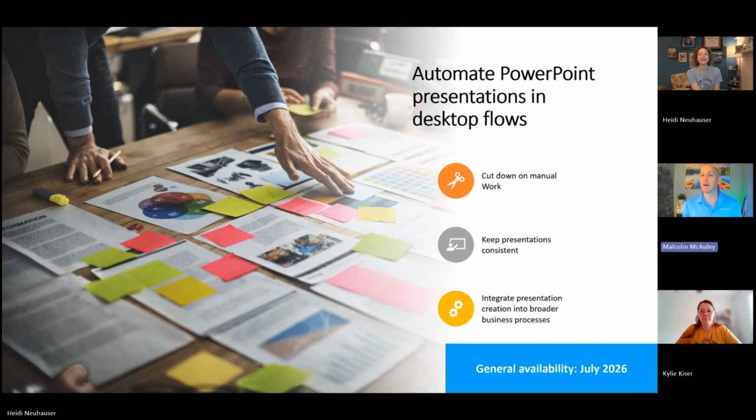I will say, and now granted it comes at the cost of Copilot credits, but Cowork has been phenomenal for that, particularly if you go the extra step of creating a skill, an MD file for it that guides the presentation parameters. I've been blown away at how consistently spot on the designs are and the content as well.